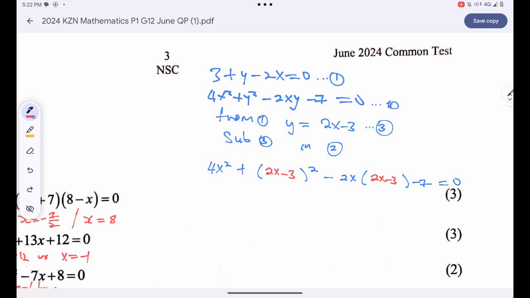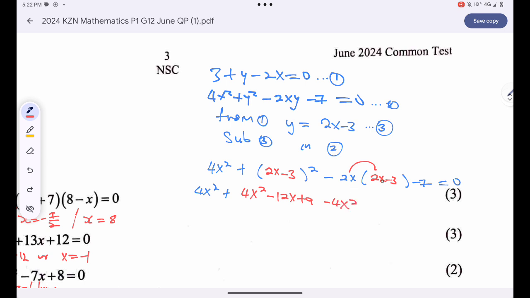When you open two brackets and multiply them out, you end up having 4x squared minus 12x plus 9. And then over here I can remove my bracket as well. Negative 2x multiplied by 2x gives me negative 4x squared.